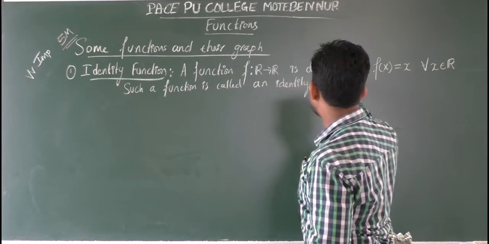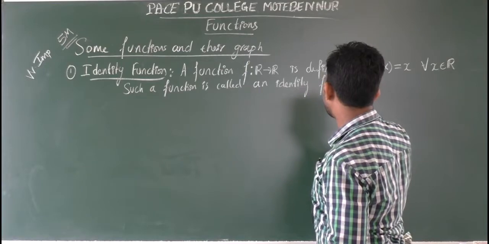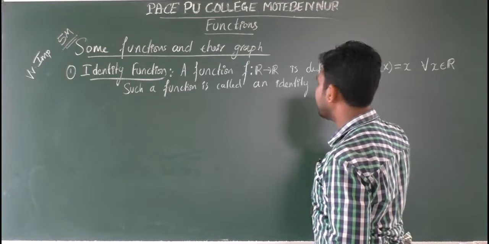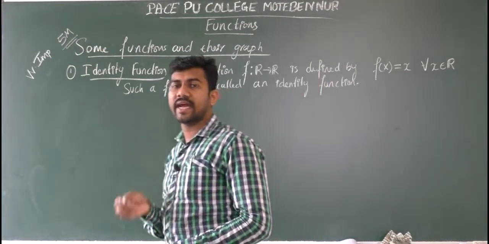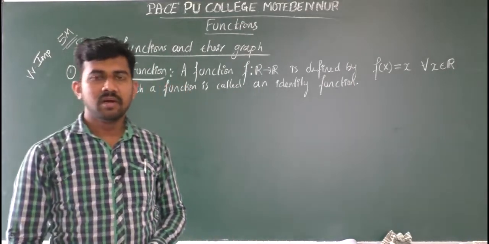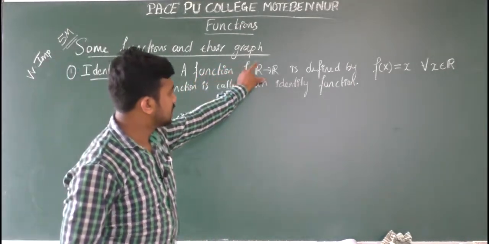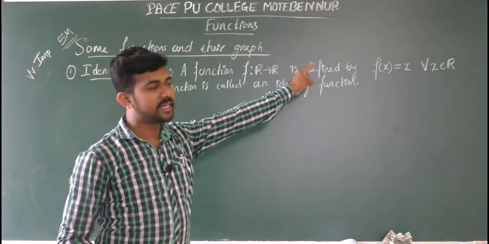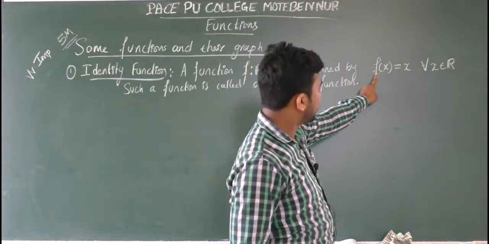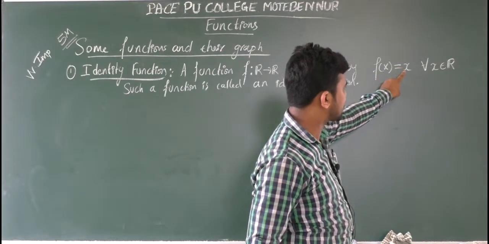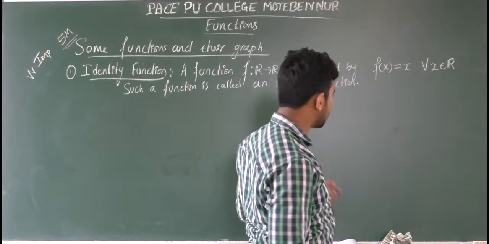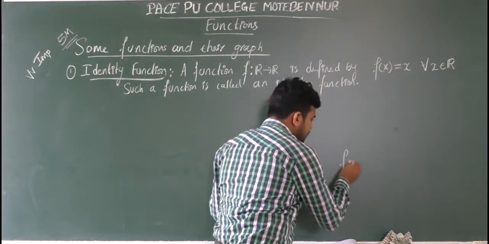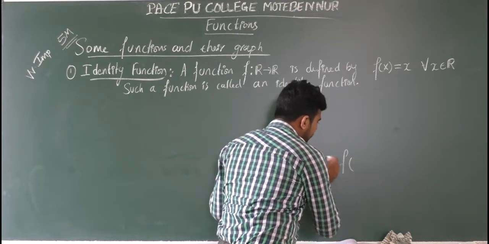Okay, so this is a very important definition to say a function is an identity function. What is the condition? f of x is equal to x. What is meant by f of x is equal to y, or y is equal to f of x?